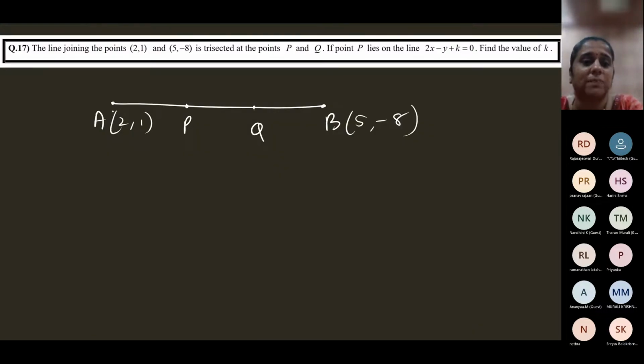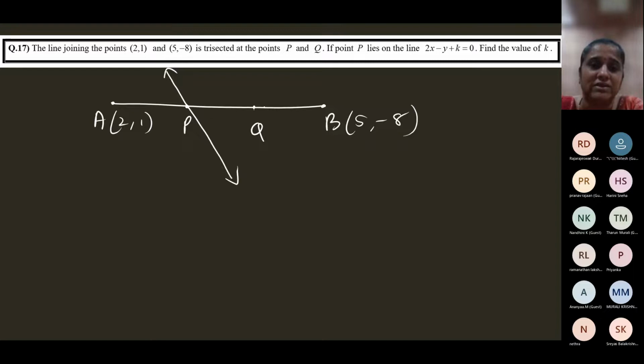All right. So AB is 2, 1, 5, -8. P and Q trisect AB. P lies on the line 2x minus y plus k is equal to 0. See, P lies on AB, and P also lies on another line.